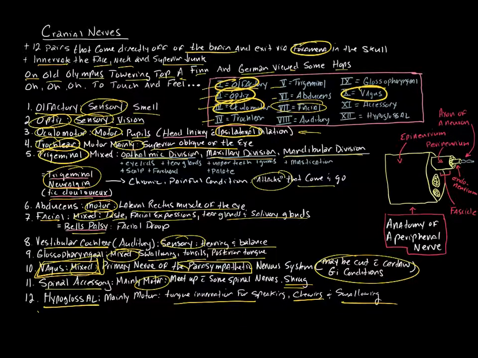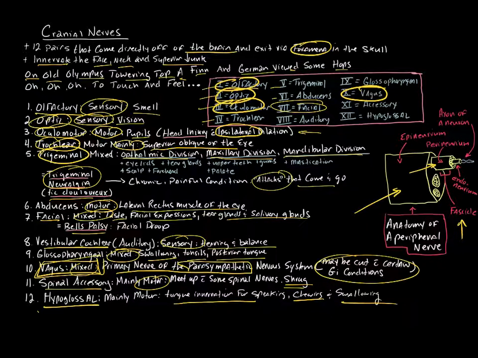All right, just to review the anatomy of a peripheral nerve, right? So these nerves are coated in what's called epineurium, right? That's the outer portion, outer covering, connective tissue. And then you have little bundles called fascicles. So this is very similar to how muscles are arranged, right? And then those fascicles are covered in what's known as perineurium, right?